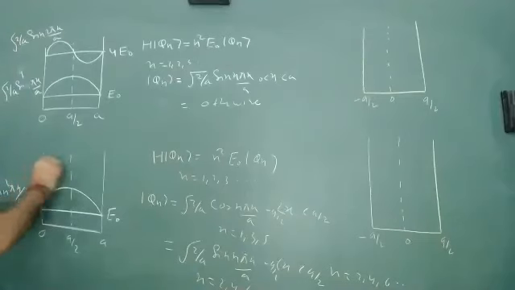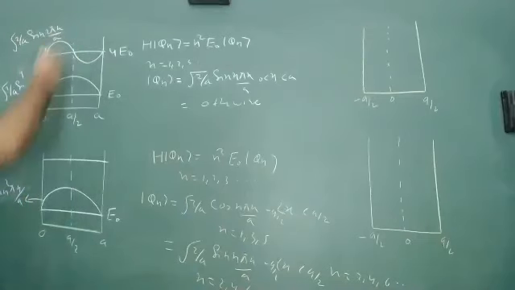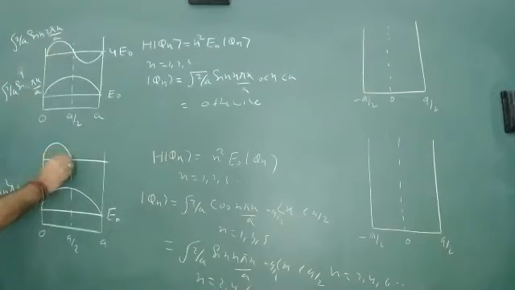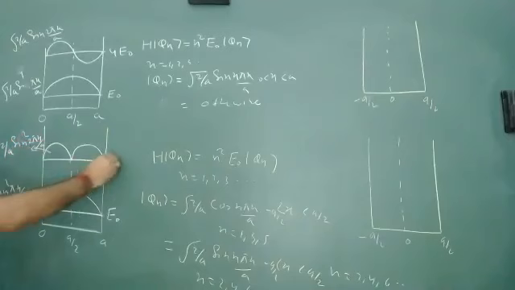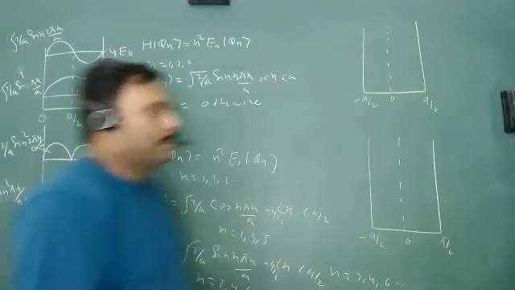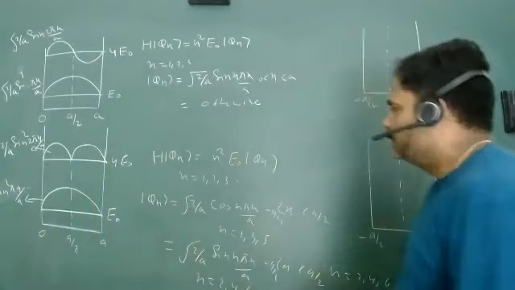And if you are going for probability density, it means mod psi square, this will be something like this, and this value is 2 by a sine square 2 pi x upon a. The value is 4 E naught. This is the symmetric representation. Then you can go for 3, 4, 5, and so on. We will just compare two and then we can generalize it.